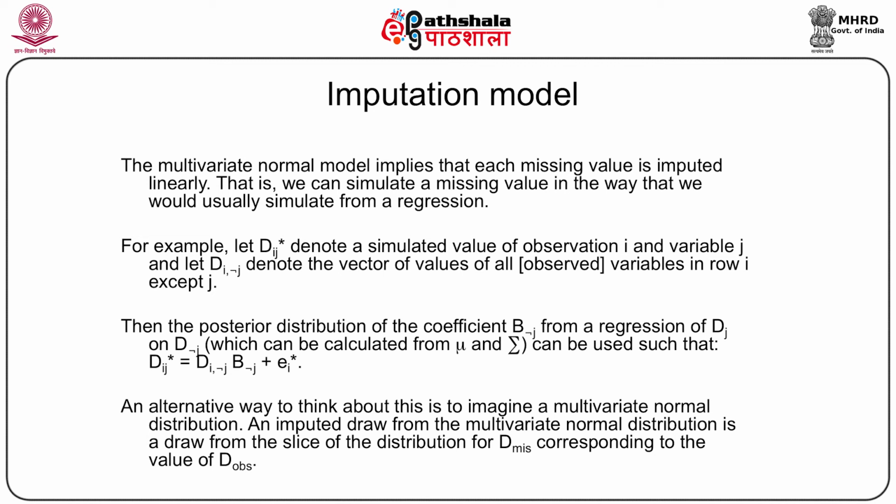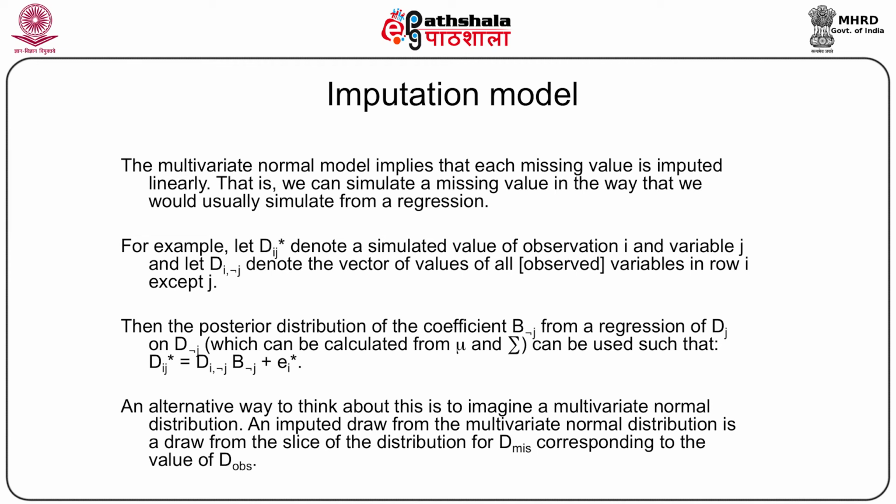Then the posterior distribution of the coefficient b sub minus j from a regression of d j on d minus j, which can be calculated from mu and sigma, can be used such that d sub ij star is d sub i, minus j times b sub minus j plus epsilon sub i star.